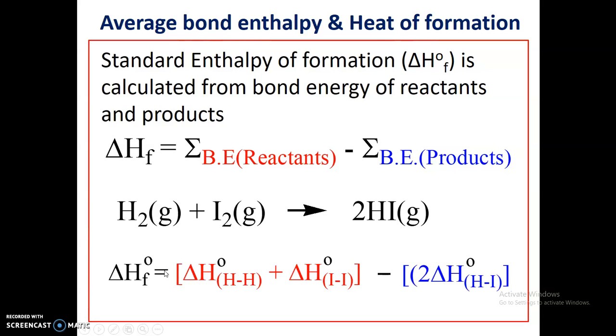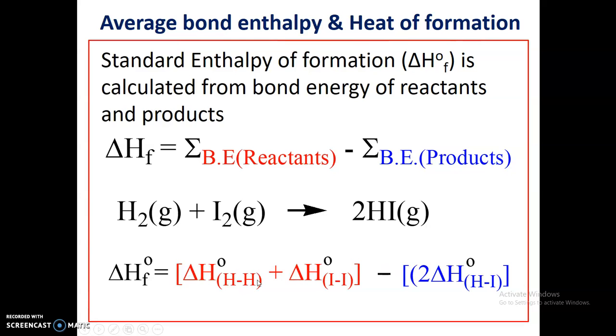So for this reaction, the standard enthalpy of formation is equal to the standard bond enthalpy of hydrogen plus the standard bond enthalpy of iodine minus the standard bond enthalpy of hydrogen iodide.